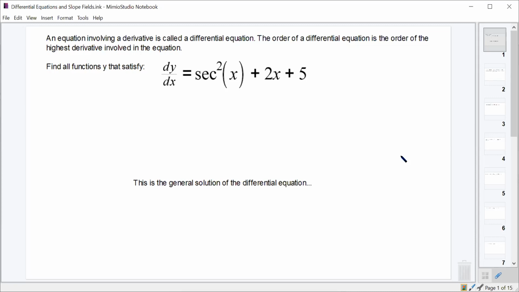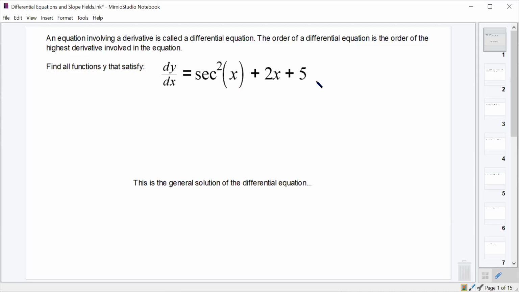And so how would we find a function that satisfies this derivative? What do we need to do? You differentiate the right side. We need to what? I missed the first word you said. I said differentiate. No, we don't want to differentiate the right-hand side, because taking the derivative of it is not telling us a function that has this as its derivative.